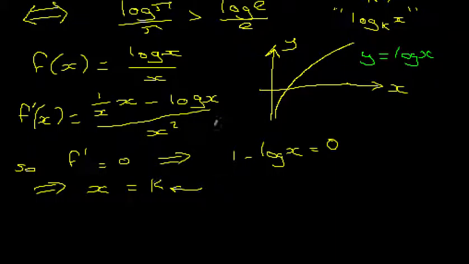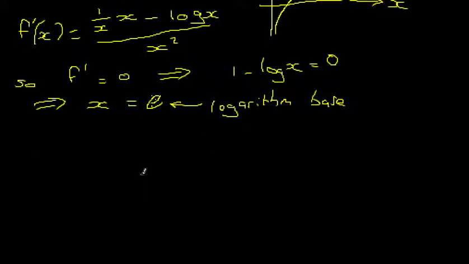So here we can just call this e if we're going to use the natural logarithm. So I'll write this as e. That's the logarithm base. So there's a stationary point at x is e. Cool. What else do we know?